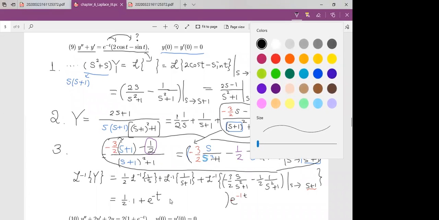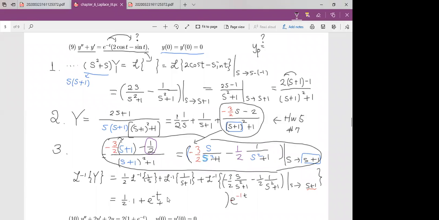Plus. So the inverse of this is negative 3/2 cosine. And then the inverse of this is negative half sine. Good. This is the unique solution. Finally, we are done. Yes. Beautiful.